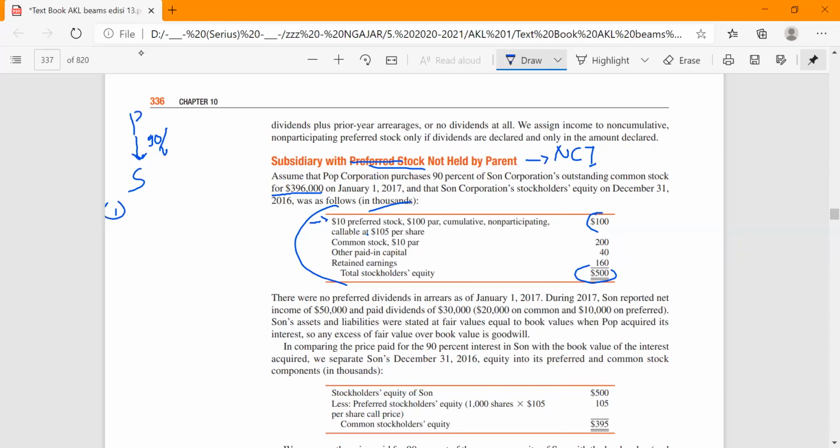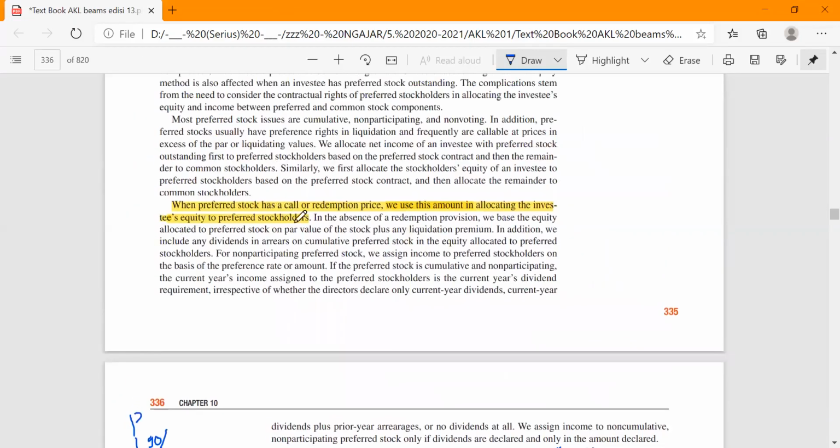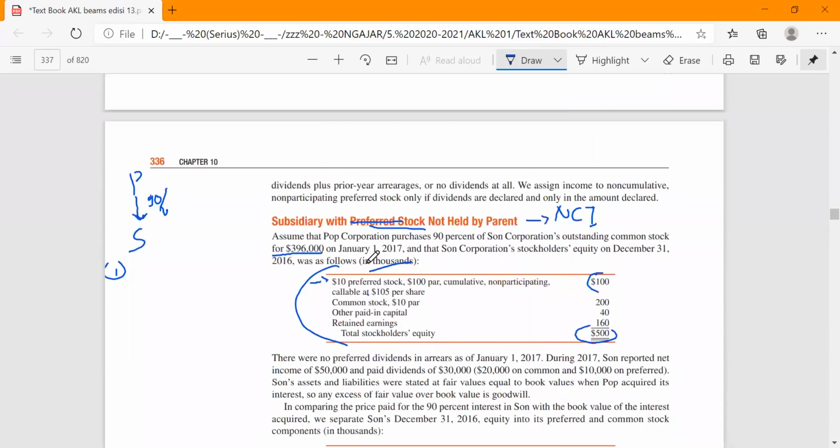The rule of thumb is that if the preferred stock has a call or redemption price, we use this amount in allocating the investee's equity to the preferred stockholders. Because in this example the preferred stock is callable, we use this number as the basic amount in allocating how much of the total stockholders' equity remains for the preferred stockholders, and the remainder is for the common stockholders.